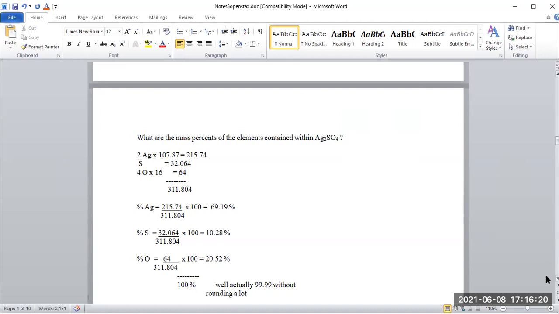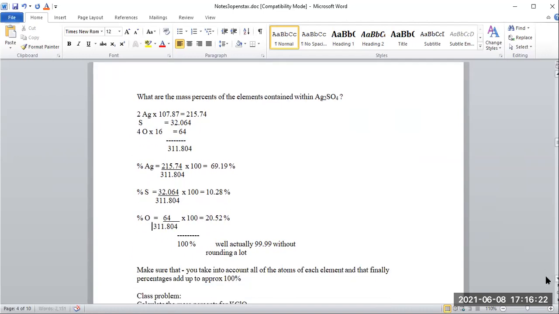Now, if you add up all of the percentages for all of the individual elements in your molecule, you should get 100, or in this case, approximately 100. I did a little bit of rounding when I did my divisions. This is a double check step.